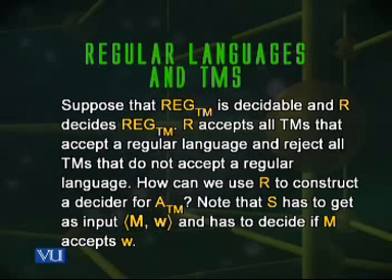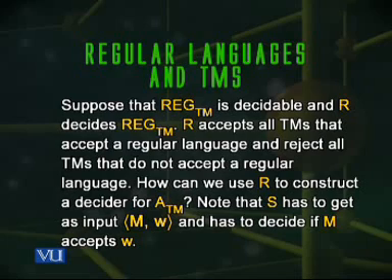Suppose that regular TM is decidable. Then there is a decider R such that R accepts all the descriptions of those Turing machines which accept a regular language, and it rejects all other descriptions of Turing machines. How can we use R to construct a decider S for ATM?